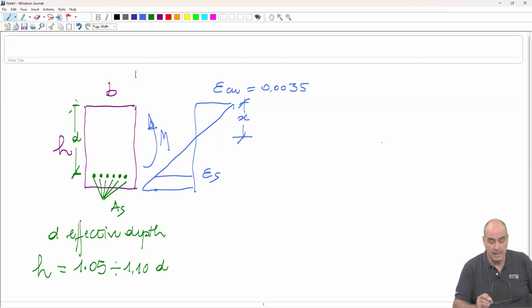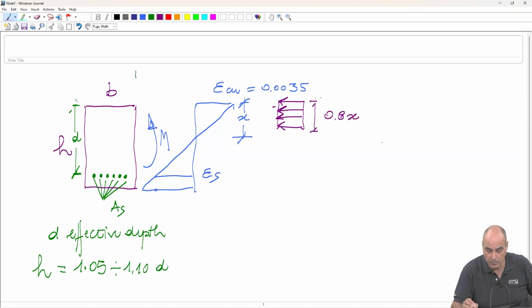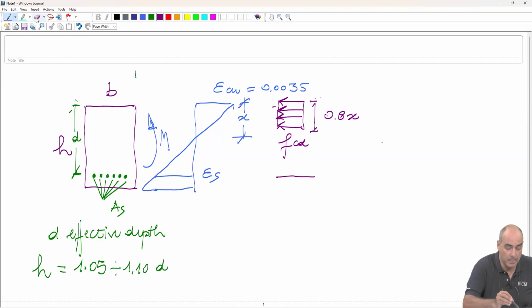Okay, and to design, we associate to this strain diagram a distribution of stresses which is made like this.